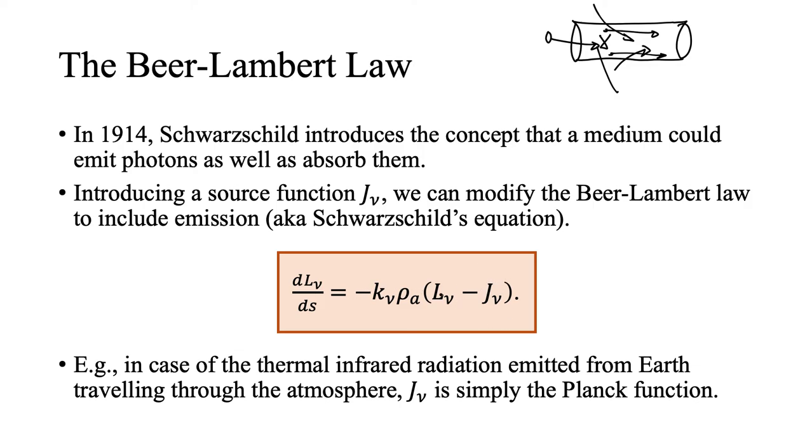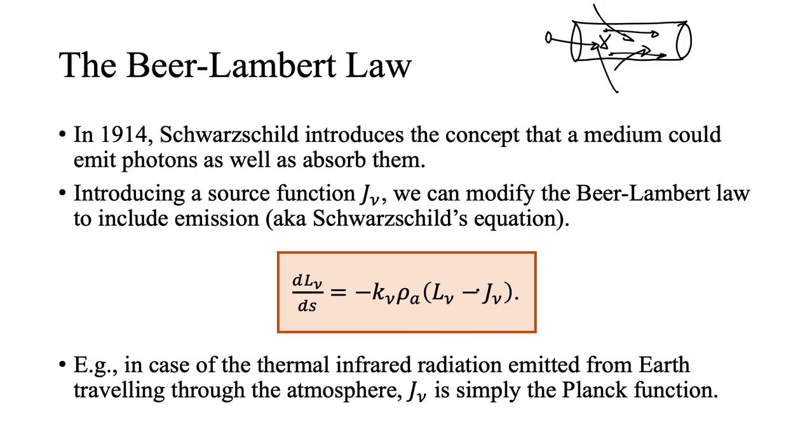Notice that L nu appears with a minus sign, but J nu, this source function, appears with a minus times minus, plus sign. Okay, so dL over ds, the change in spectral radiance within the path, has a negative term that is due to the extinction, but also a positive term that is due to this source function.